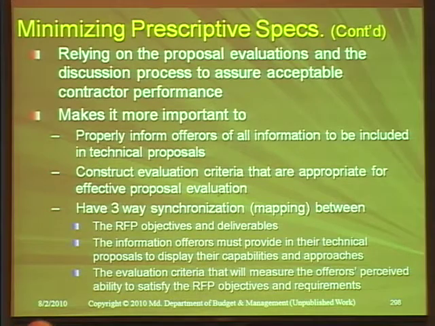We also call this mapping between, number one, what has to be achieved, the RFP objectives, requirements, etc. Number two, based upon what has to be achieved, then telling them what they have to give you as far as information to demonstrate that they can achieve that objective. And number three, your evaluation criteria that allows you to evaluate the information that they have provided to you, which demonstrates whether they can meet the base objectives.